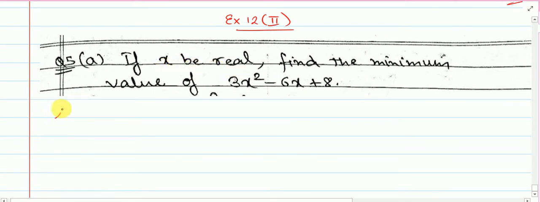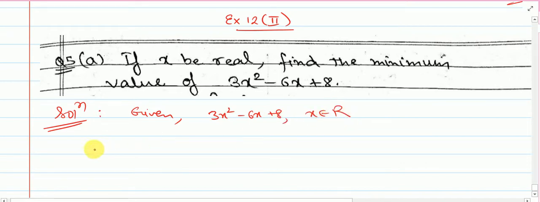So see the solution. For this, what you have to do is you will copy this quadratic function given, 3x square minus 6x plus 8 and x belongs to real number.